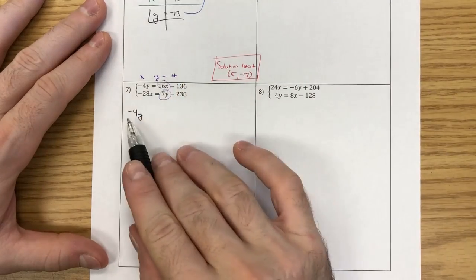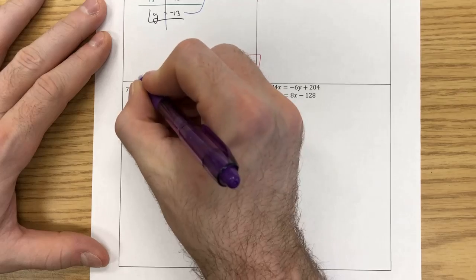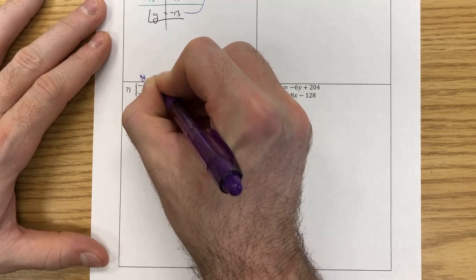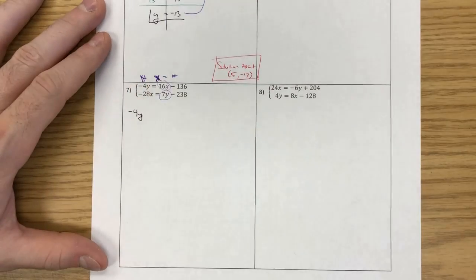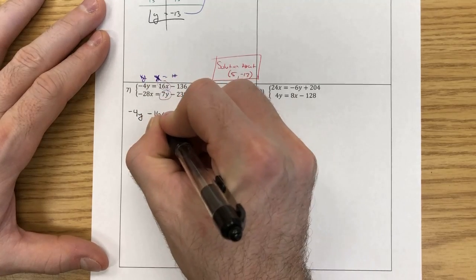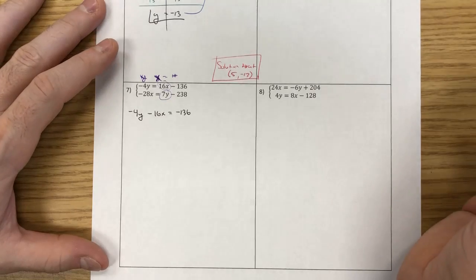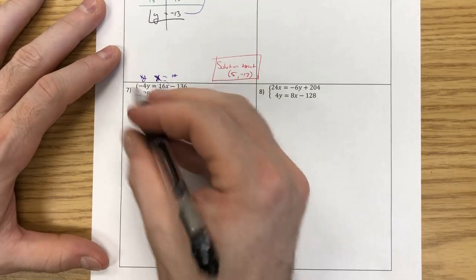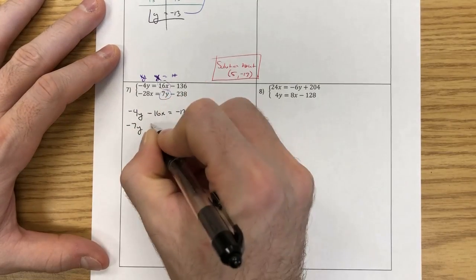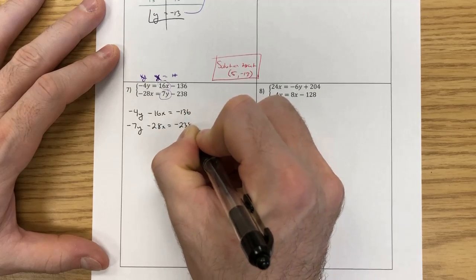Well, apparently I'm rewriting this in y comma x, so let's turn that into a y and that into an x, simply because I've already written the 4y. My positive 16x becomes negative 16x. That stays the same because it didn't move. I move that over so that becomes a negative 7y. 28x doesn't change, neither does the 238.